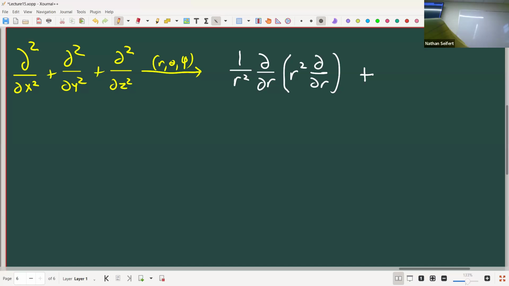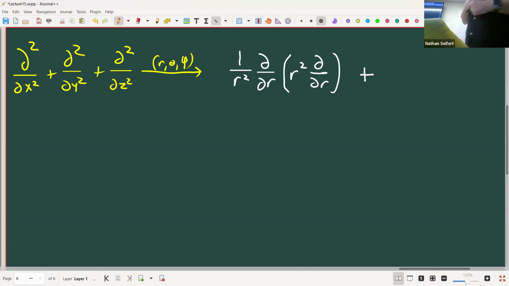Even though this looks nasty, if you zoom out, in some sense, if everything is really clean and you have a perfect function, this r squared is canceled out by this r squared. And I effectively have the derivative of r times the derivative of r, which is the second derivative of r, which is kind of what we want. We know that this is second derivatives with respect to the coordinates, and this kind of looks like the second derivative of r, with some funky r's on the outside that may or may not cancel each other out.